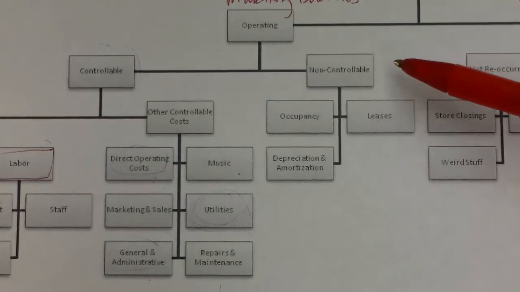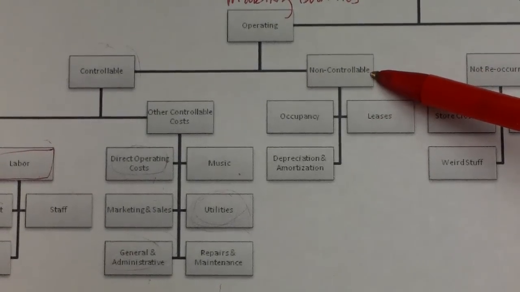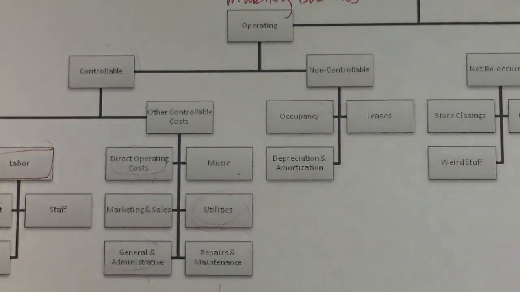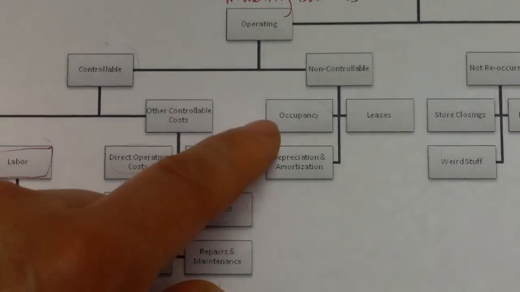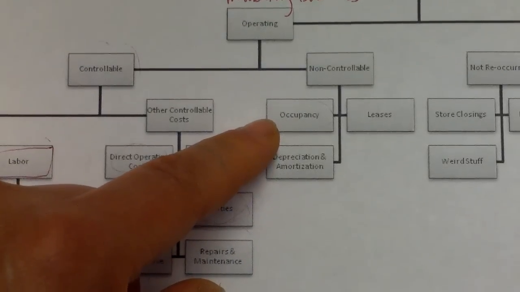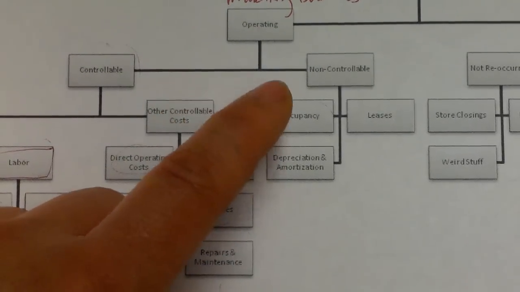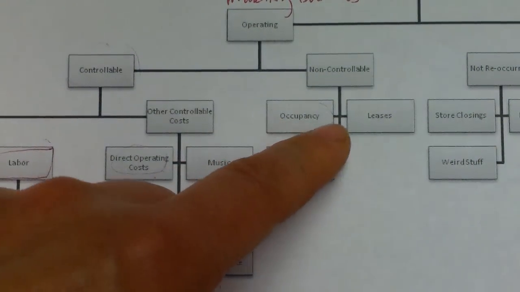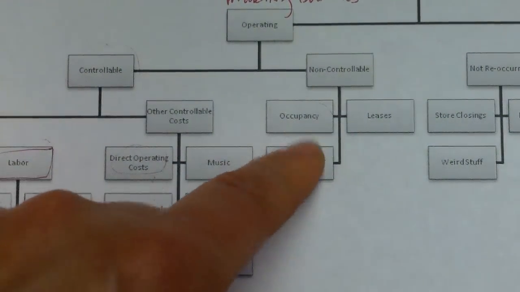But also within operations, there are certain costs related to Chipotle's ability to make and sell burritos that are not controllable by the manager on a day-to-day basis. That can include occupancy, because the lease on the place was probably negotiated way before the manager even got there. So for the most part, occupancy is not controllable by managers. It's kind of the same thing as the lease agreement here.